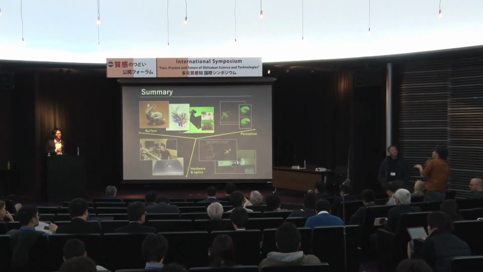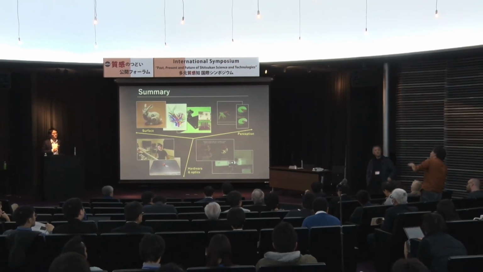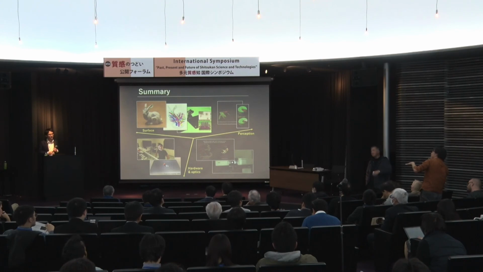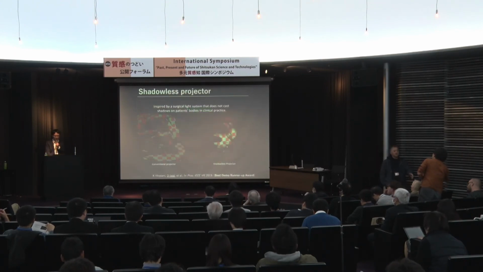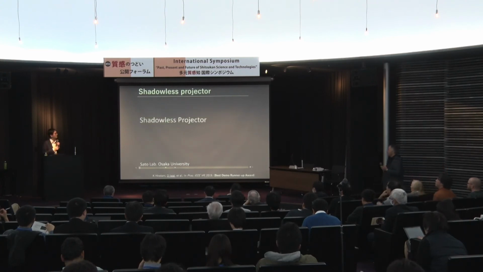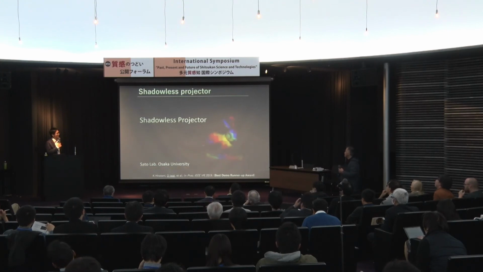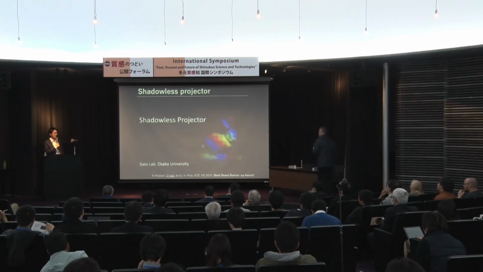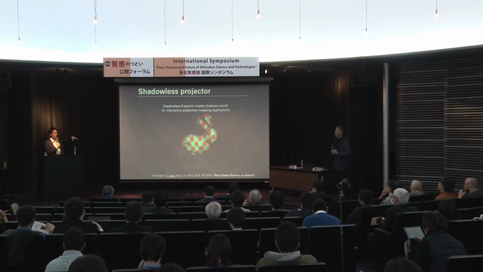About shadowless projection, how do you control overall brightness? So detect occlusion and then compensate? In this application we don't control the brightness, because if you cover this object, the object becomes a little bit darker because some light is blocked by the hand.